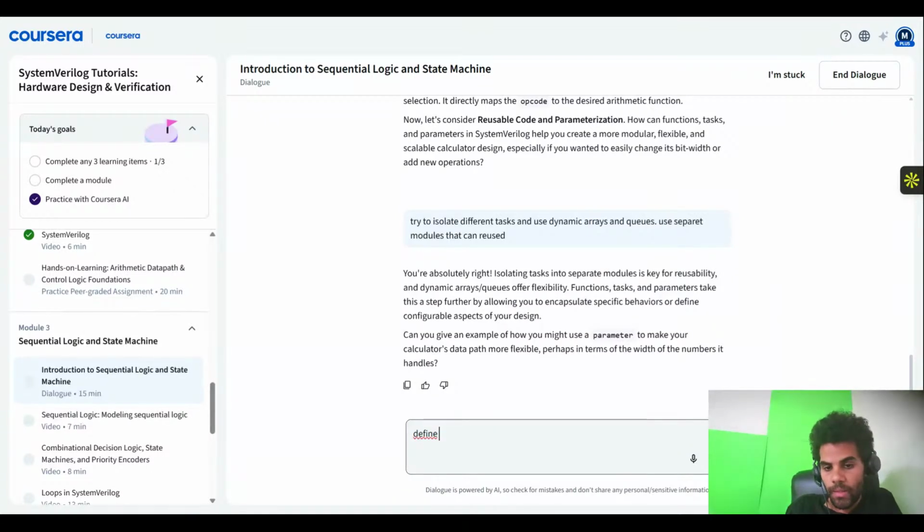So define a parameter of width for certain data.